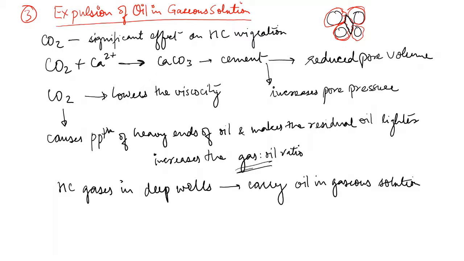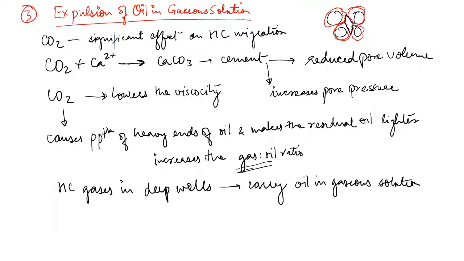If it reacts with calcium ions, it reduces the pore volume and increases the pore pressure. Then it also lowers the viscosity of the oil. How does it lower the viscosity? It precipitates out the semi-solid part, which is the heavy part of the oil, and the residual oil becomes lighter, increasing the gas to oil ratio, and these gases bring up the oil from the deep wells.